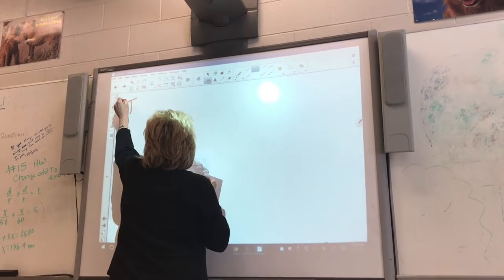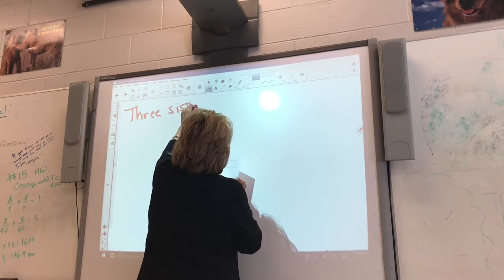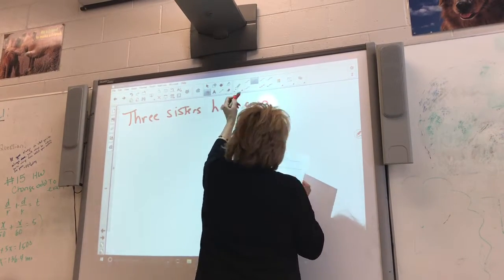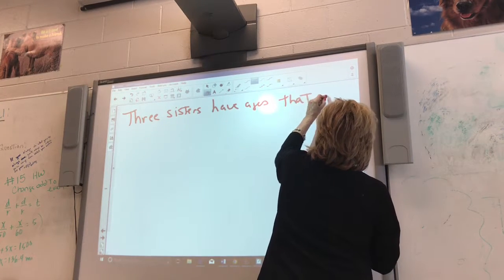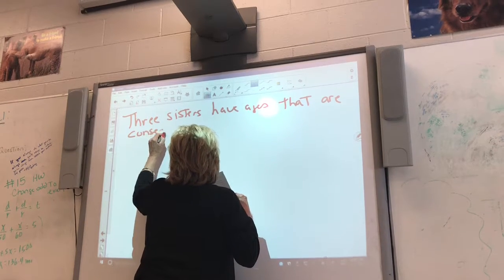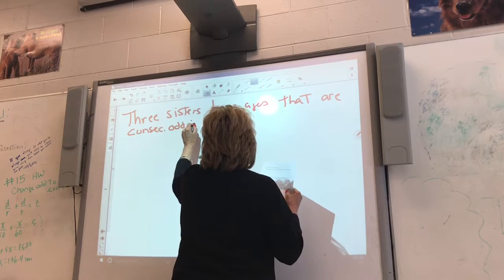So this one talks about three sisters, and they have ages that are consecutive odd. So they're consecutive odd integers.